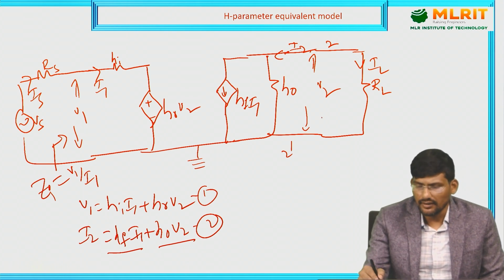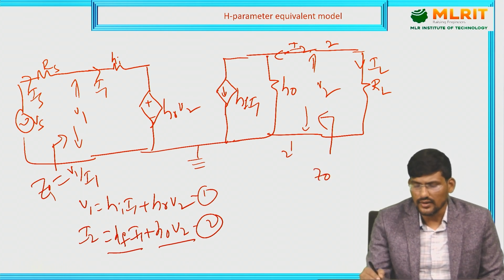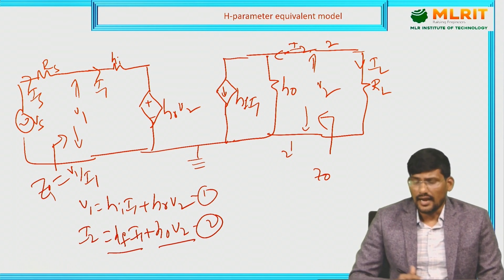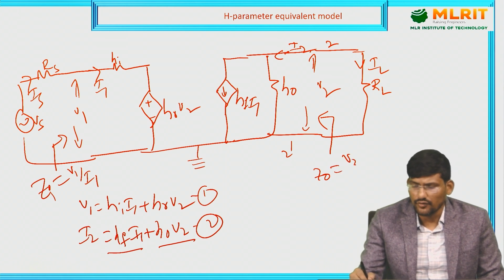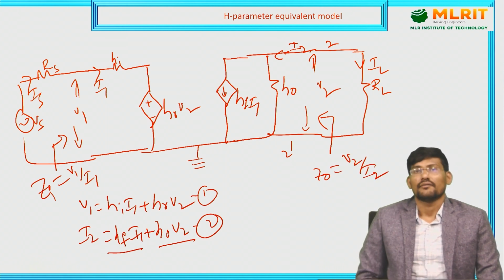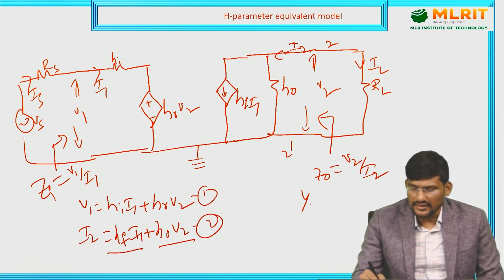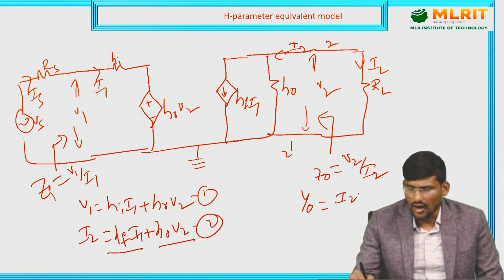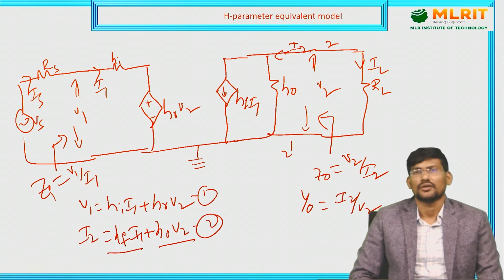Now similarly, we need to find out the output impedance which is seen into the network, that is Z0, and it is also the ratio of V2 by I2. And output admittance, how can we define output admittance? Y0 is the ratio of output current to the output voltage.